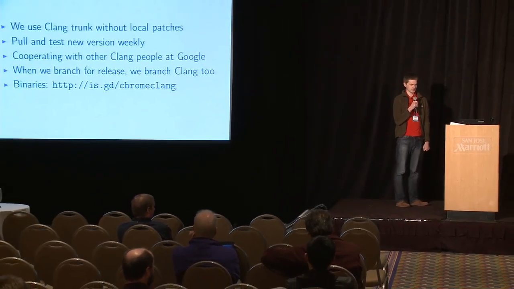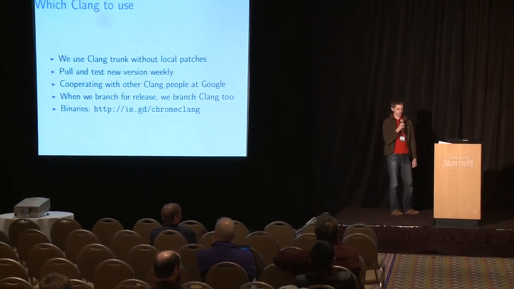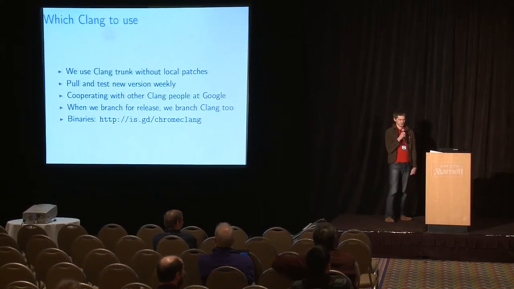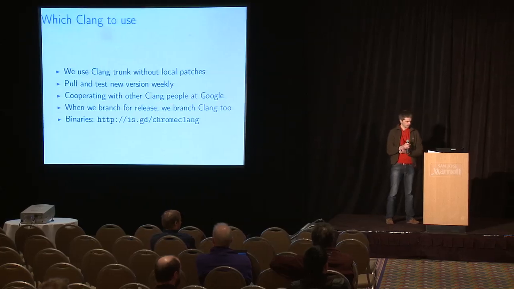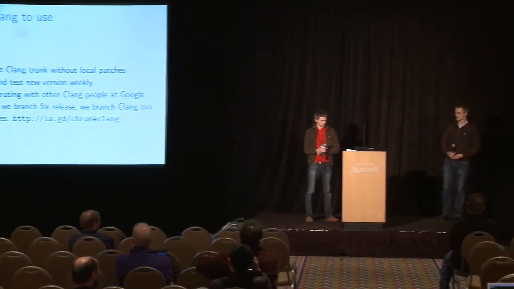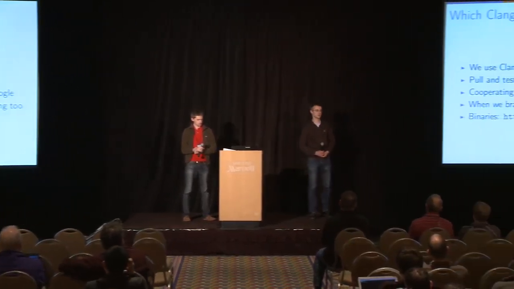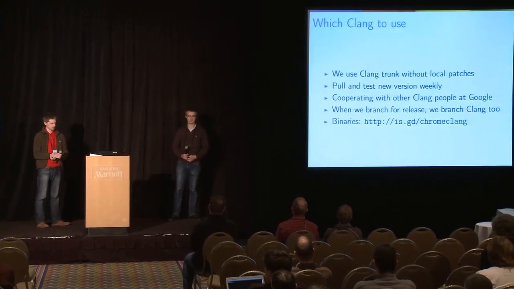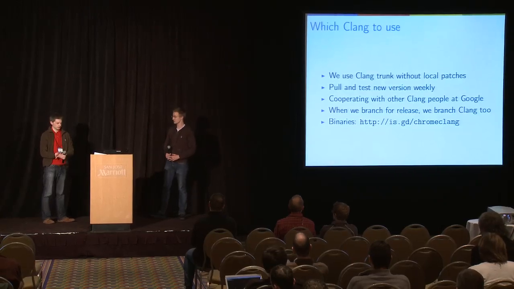And then all our developers' machines and build bots and so on pull this in automatically and use it for that week. Another advantage of this is that we basically help Clang, we'd like to think, because we find bugs in Clang pretty quickly after they're introduced, so at least serious crashes we find pretty reliably, I think.